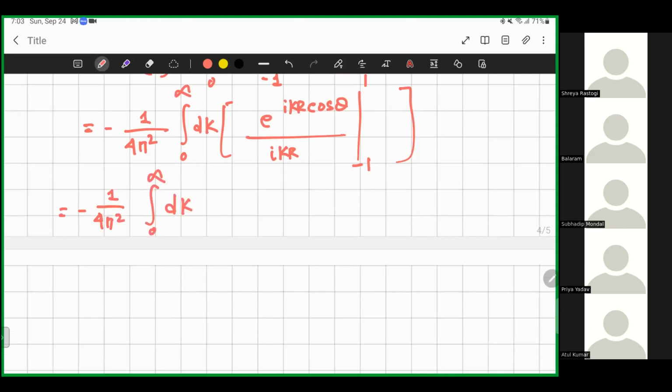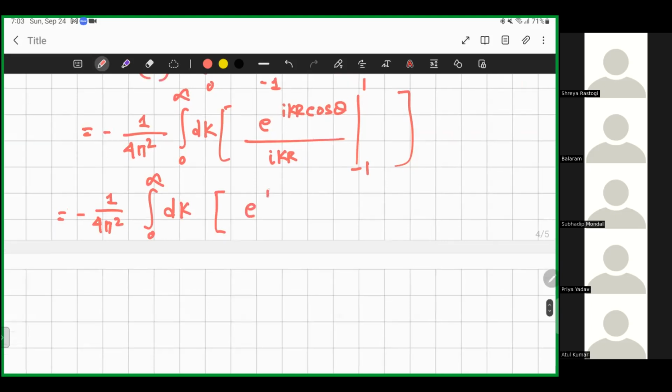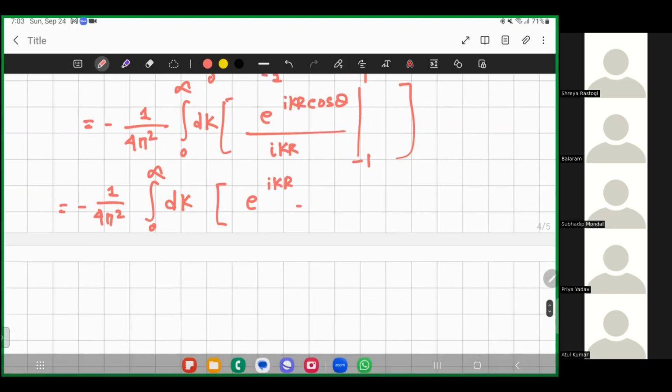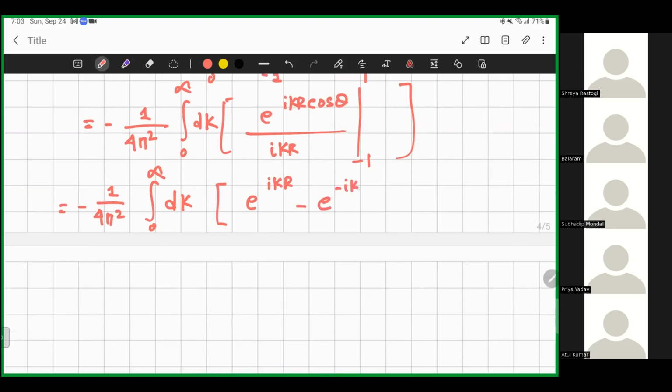If we put this in, then we obtain minus 1 by 4 pi square, 0 to infinity dk, e to the power i k r, for the upper limit 1, and minus e to the power minus i k r, divided by i k r. This i k r is also there. Okay, so this is the integral.